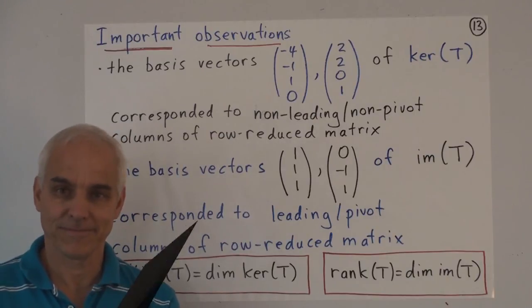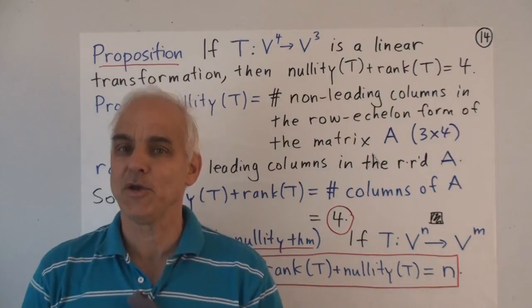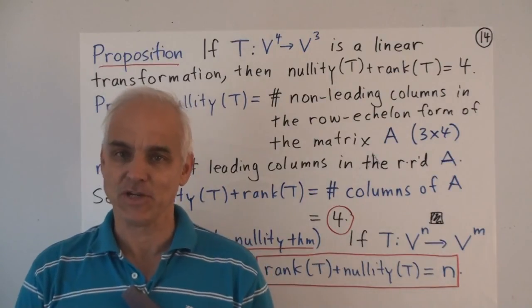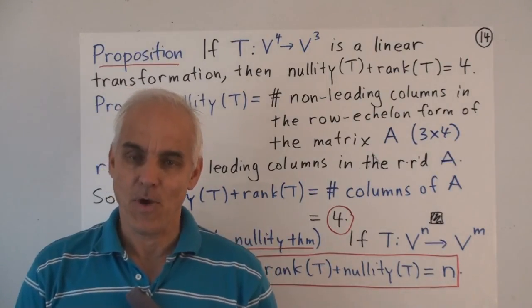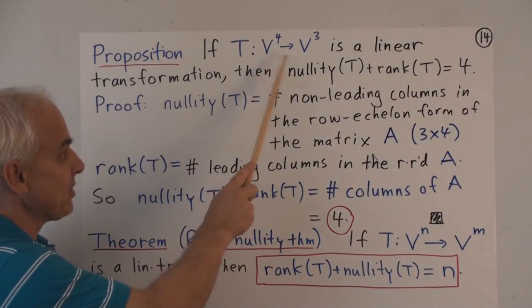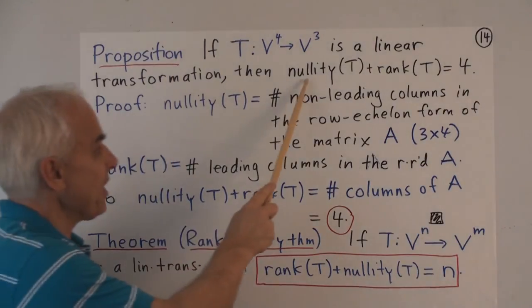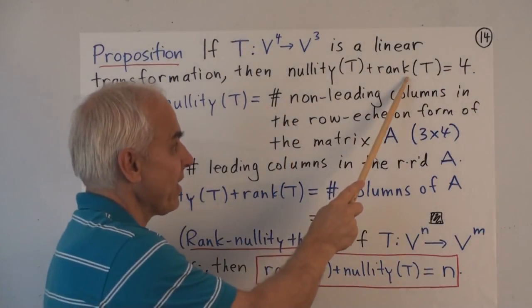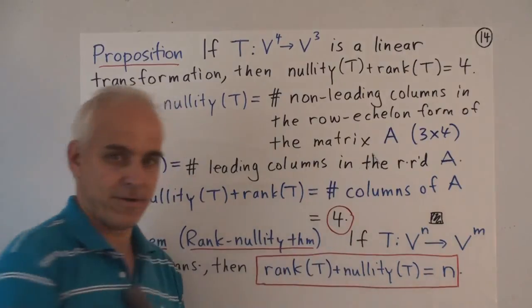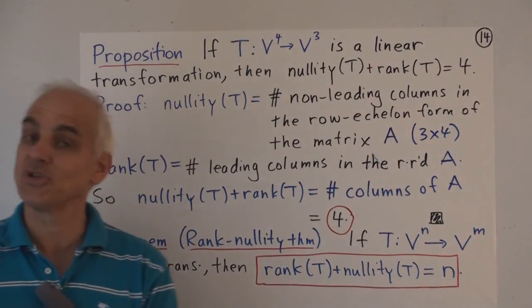Let's have a look. Alright, so what is the relationship between the rank and the nullity of a linear transformation? Well, for the transformation we've been looking at, going from 4-dimensional space to 3-dimensional space, the proposition is that the nullity plus the rank equals 4, 4 being the dimension of the space that we're starting with.